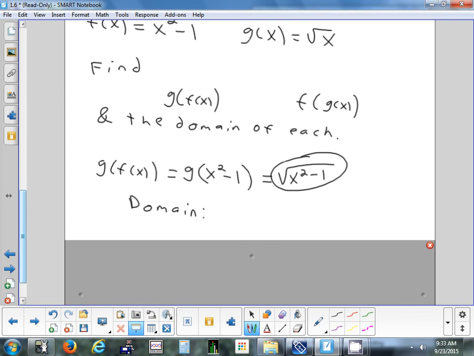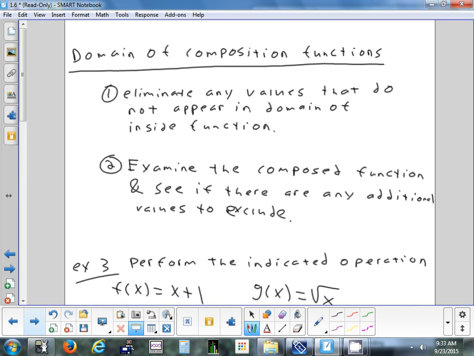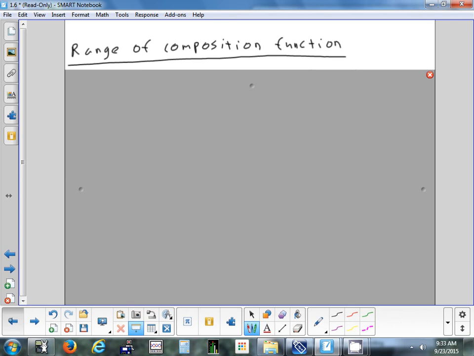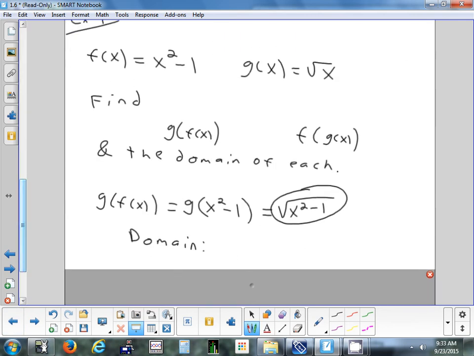All right, so now let's see if we can figure out the domain. All right, so step 1. Okay, start with the inside function. Okay, let's look at that. The inside function was f of x. Is there any restriction on the domain for x squared minus 1?